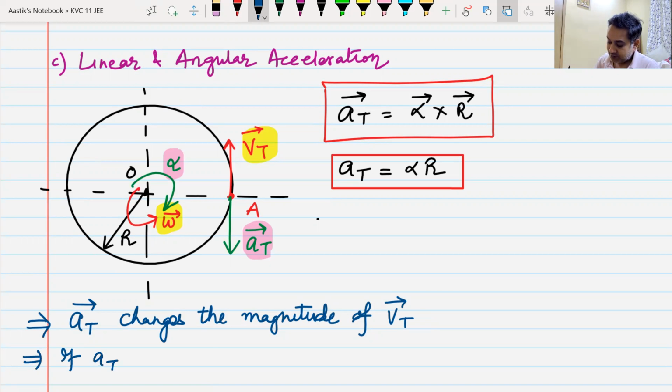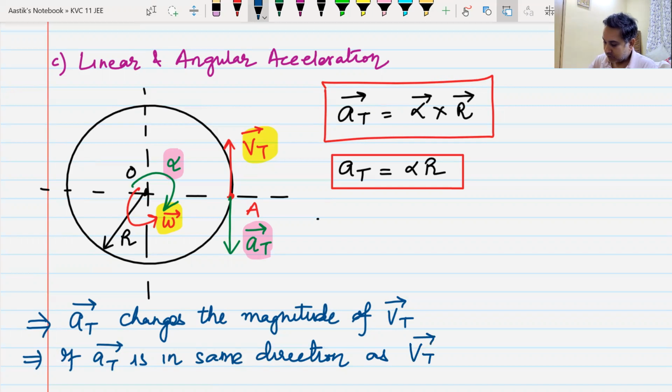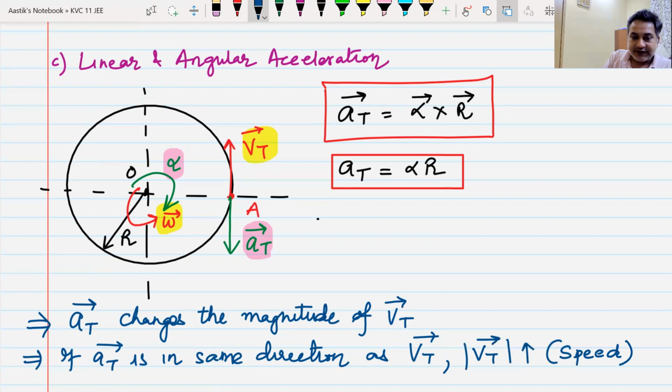If AT is in the same direction as Vt, then the magnitude of Vt will increase. It will increase your speed.